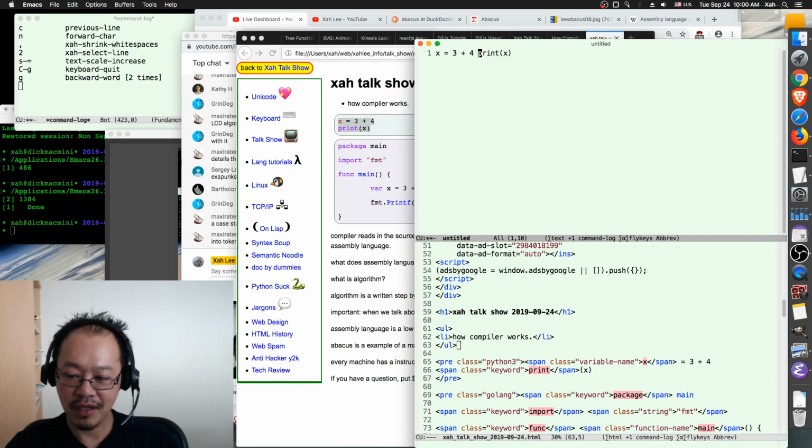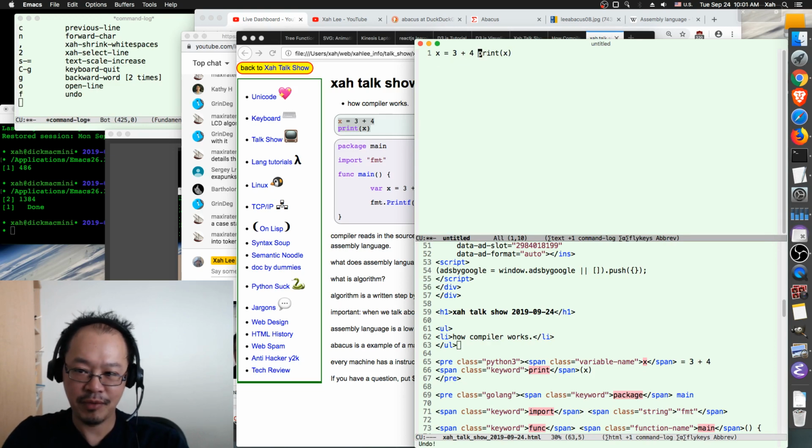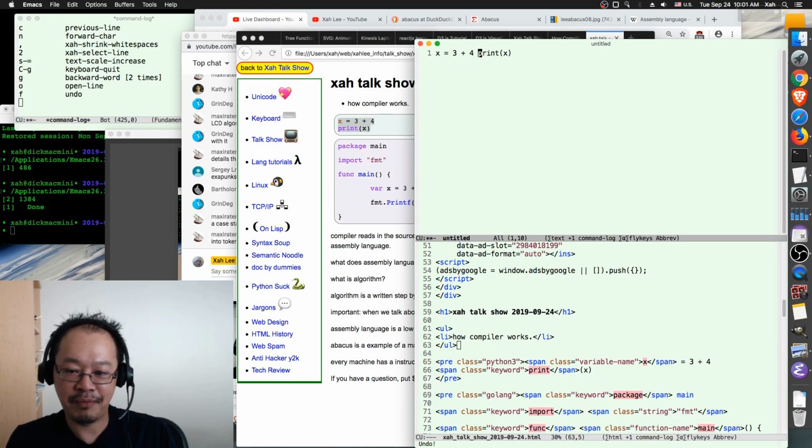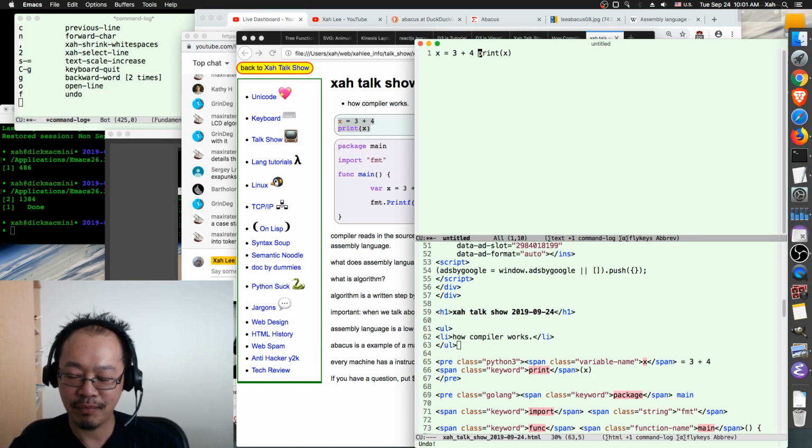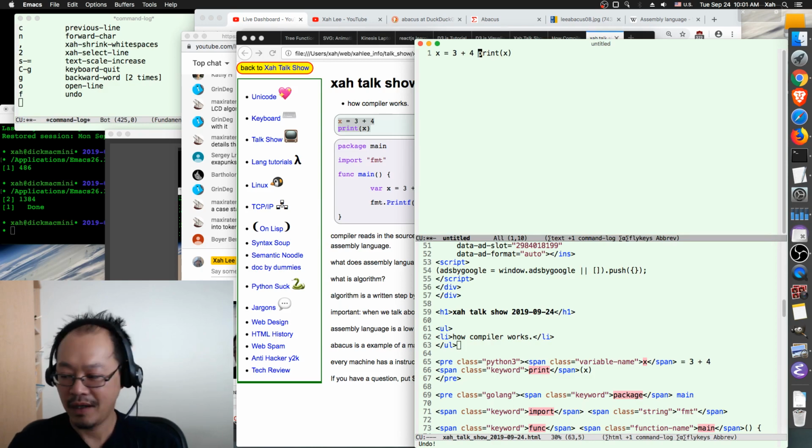But how do you know it will not work? As a human, you know you need a new line here, but you have to tell the machine. Compilers don't ask you. That's part of the parsing, part of the compiling: parsing the code, then generating new code. So the parser has to know all the rules.